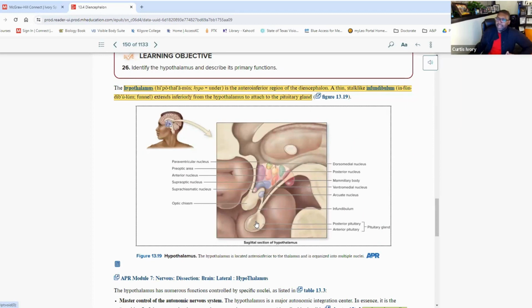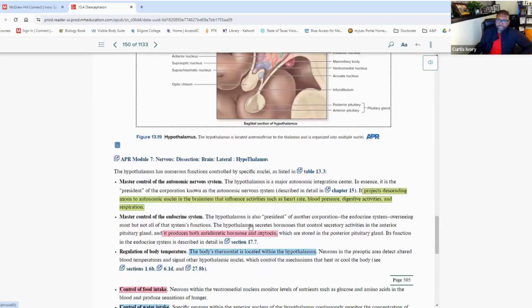You have ADH, which is antidiuretic hormone. Growth hormones, and hormones that control our adrenaline rush. All those hormones are either stored or produced by the hypothalamus and the pituitary gland. So those have a really big role to play in some of our bodily functions.